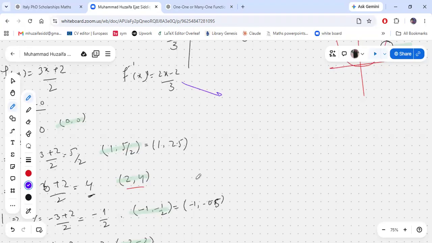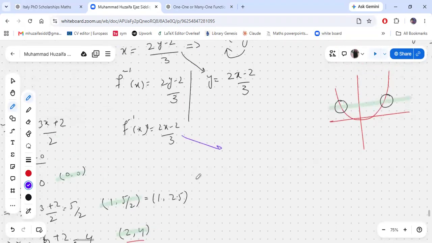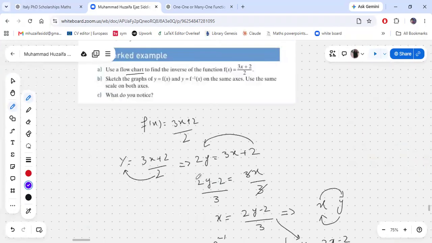Okay, yes. So what are you saying about this one? What is your conclusion about that function, and also its inverse function?